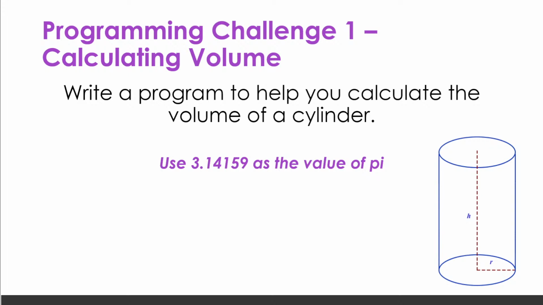I want to create a variable for the radius. I want to create a variable for the value that holds the radius squared. And I want to create a variable that holds the value of the height. And then to get really granular, I might want to create a variable that holds the area of the circle and create a variable that holds the volume of the cylinder.